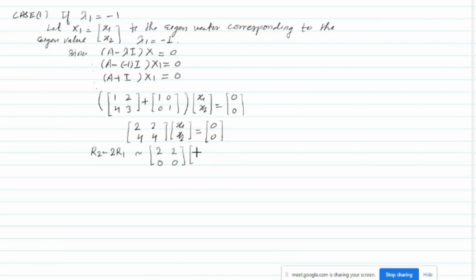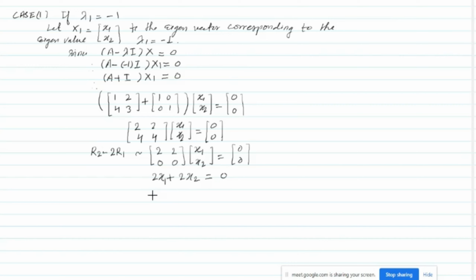Write down the column vector x1, x2, equal to 0, 0. Now simplify this and find the values of x1 and x2. Multiplying the first row with the column gives 2 times x1 plus 2 times x2, and this equals 0.